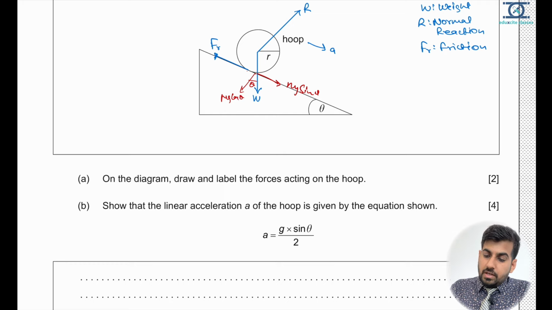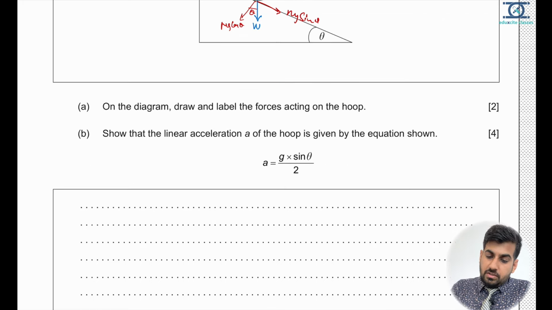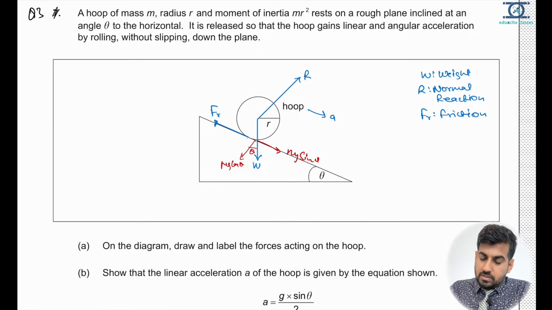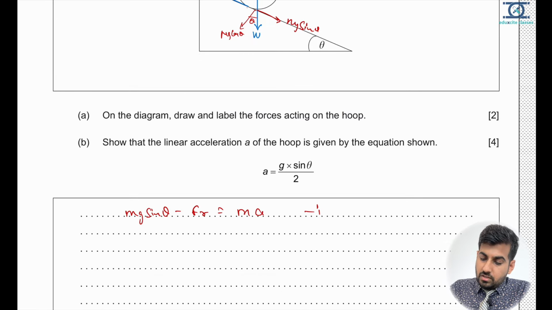Now if I want to write the F net equation, Newton's second law of motion, F net will be the driving force, mg sin theta, minus friction, is equal to ma. So this will be my equation 1.